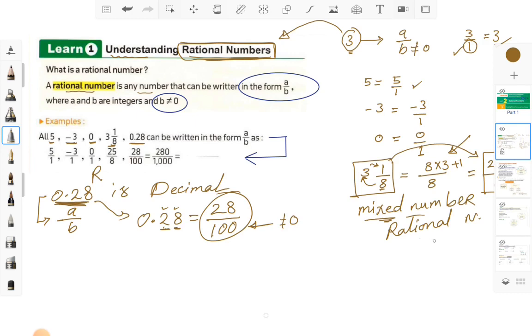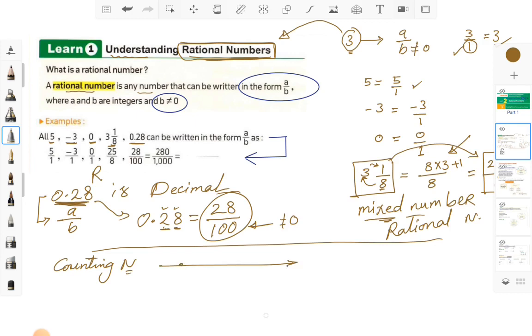Now, before we leave this page, please remember with me the numbers we had learned before. We start with counting numbers. Counting numbers on the number line start with 1, 2, 3, 4 and so on.